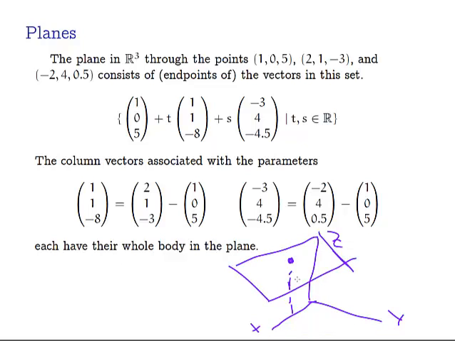Okay. I go out to this point, and then I could go any multiple of this distance plus any multiple of this distance. If I just restrict myself to these 2 vectors, to these 2 directions, then I will always lie in this same plane. Okay.